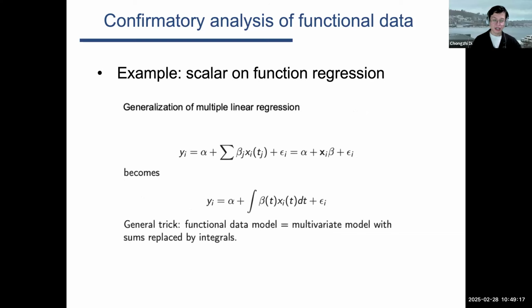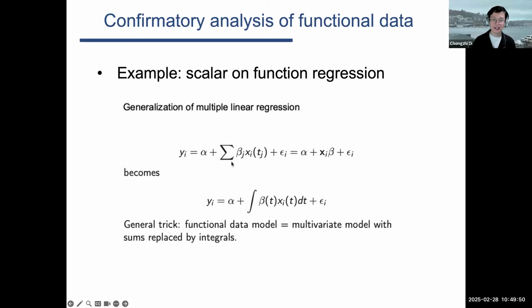What I wanted to go through is this: let's say you have a scalar outcome, and you have this functional data or intensive longitudinal data as your covariate. We can think of a regression function conceptually, where we put the whole trajectory into the model, as X_i evaluated at time t_j, and have a coefficient β_j at each time point.